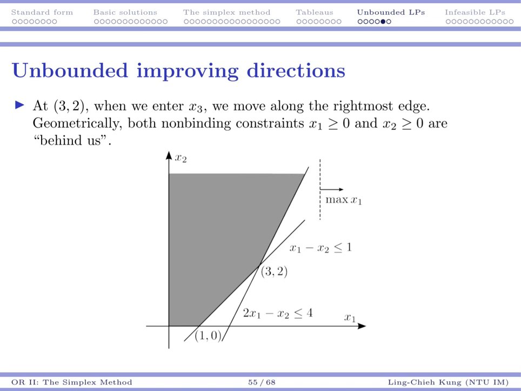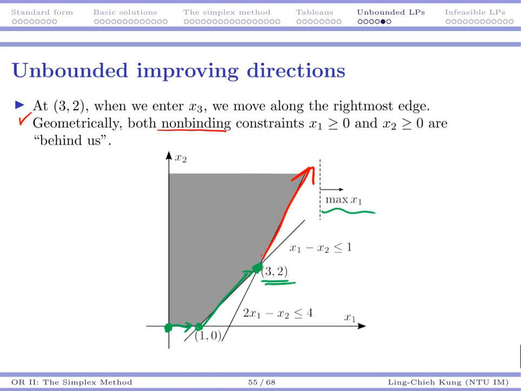Graphically, if you plot the feasible region and the isoprofit line for that particular example, you would see that we first start at 0, 0, then iteration 1, iteration 2, and after we reach 3, 2, we still find an improving direction, and along that direction, we may move forever. That's going to be an unbounded improving direction.